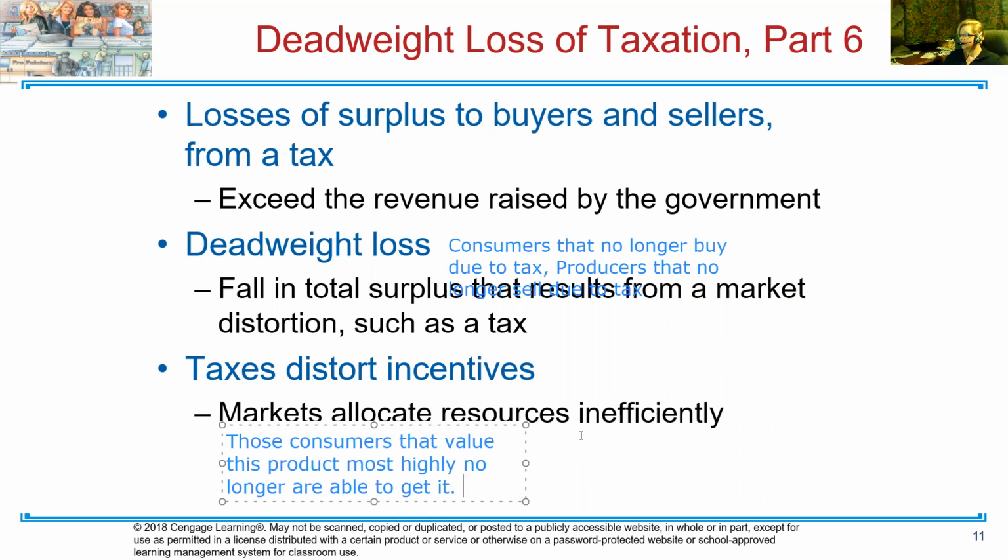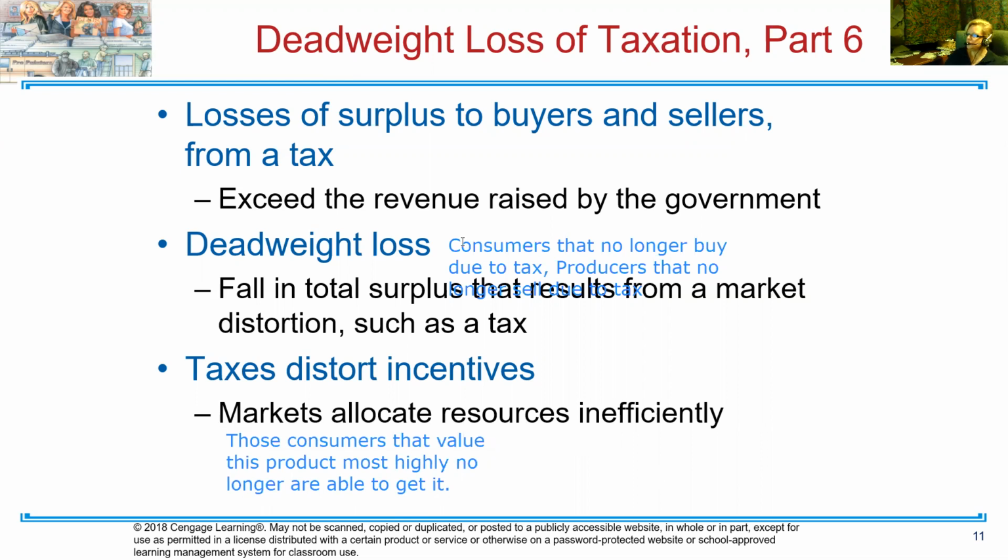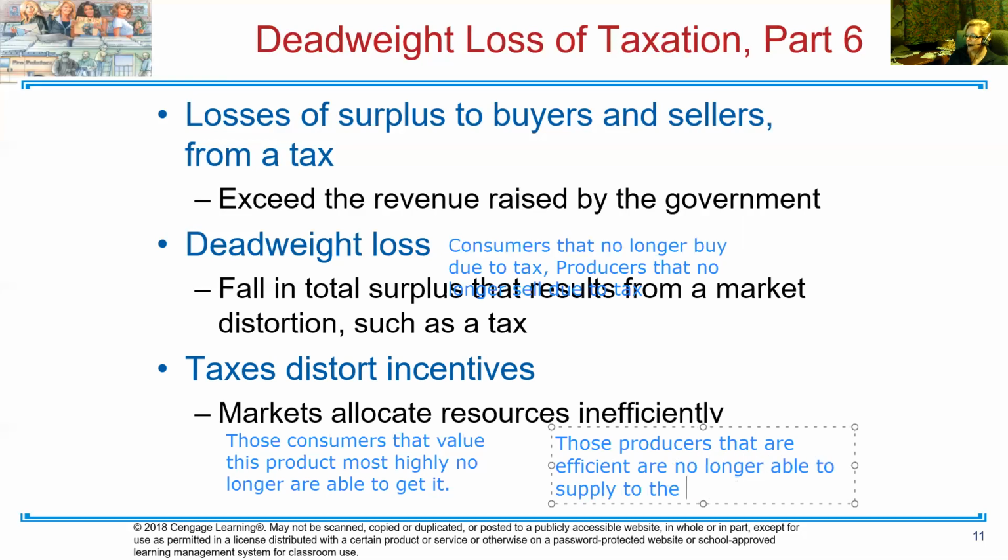We're also going to say that those producers that are most efficient are no longer able to supply to the market.